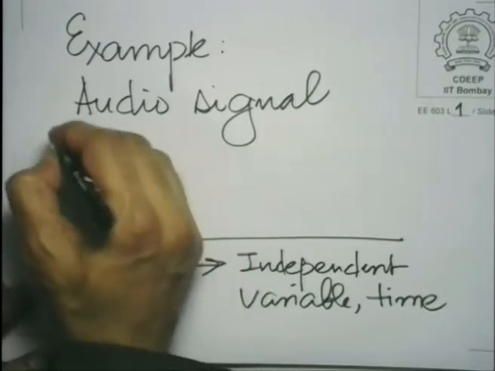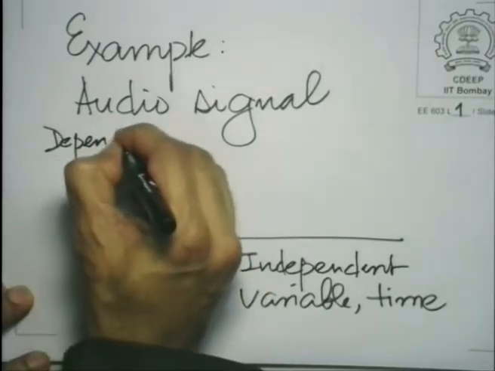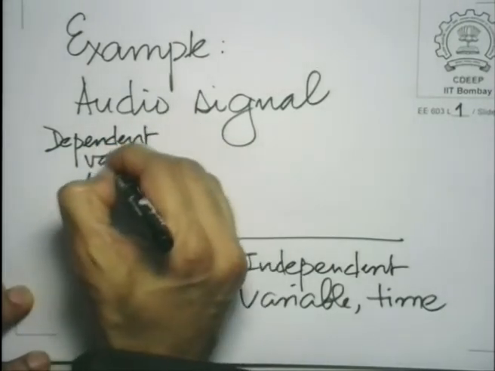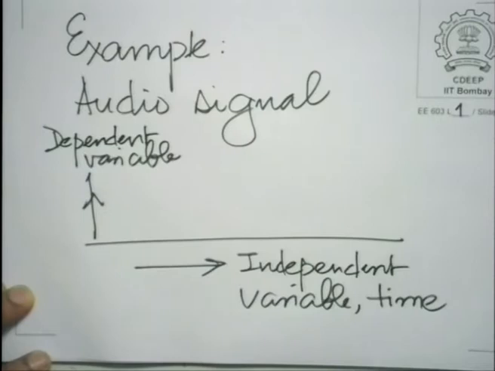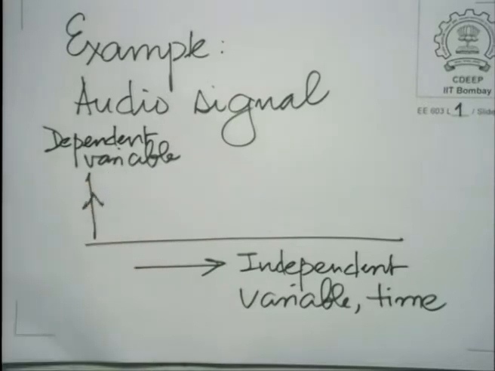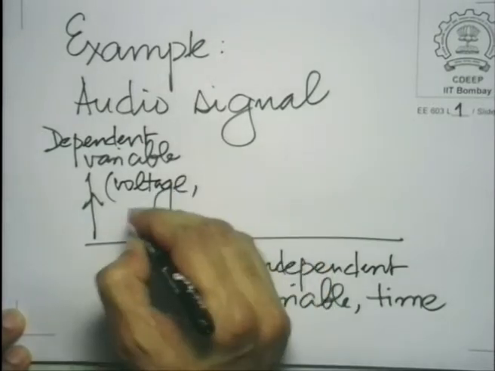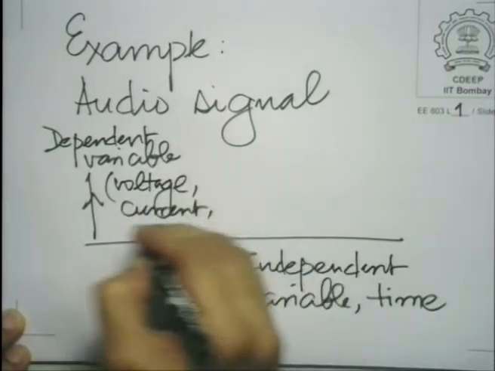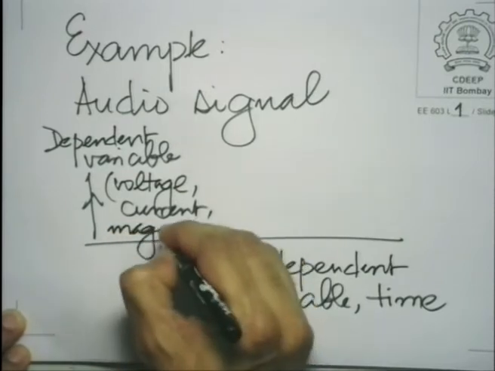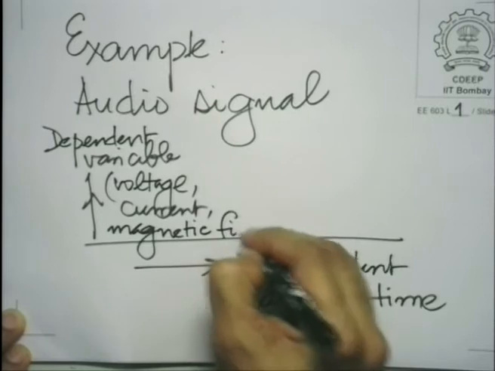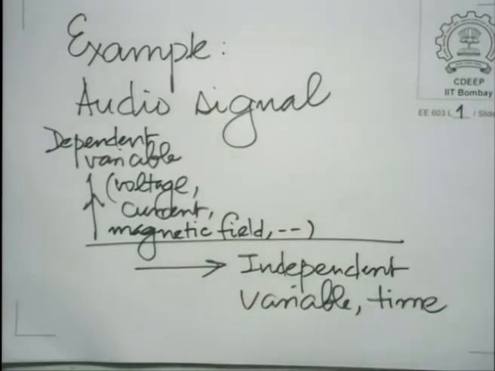And the dependent variable could be, depending on the nature of the recording, a magnetic signal if it is an audio magnetic recording, or it could be a voltage signal, whatever. So could be voltage, current, magnetic field, whatever. It depends on the nature of the recording, isn't it?